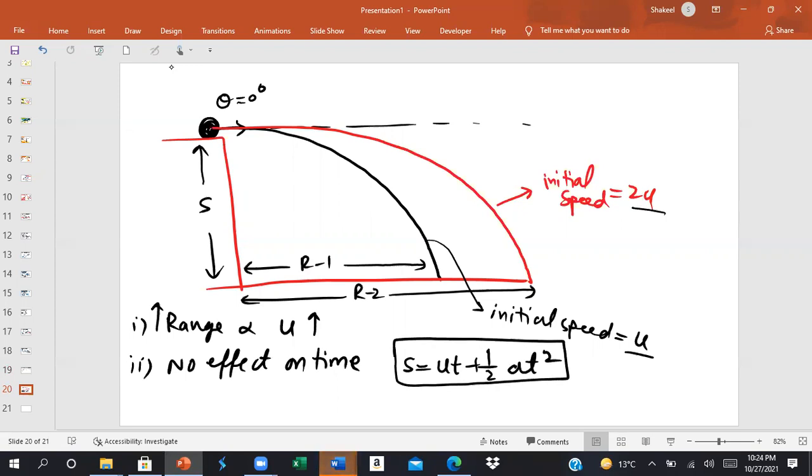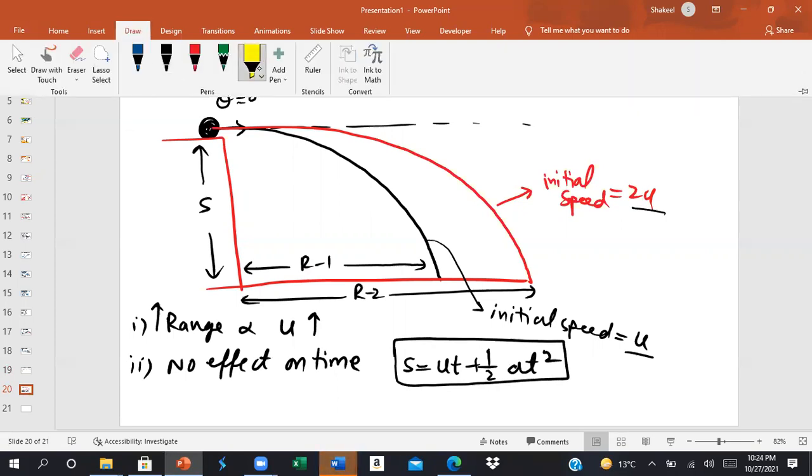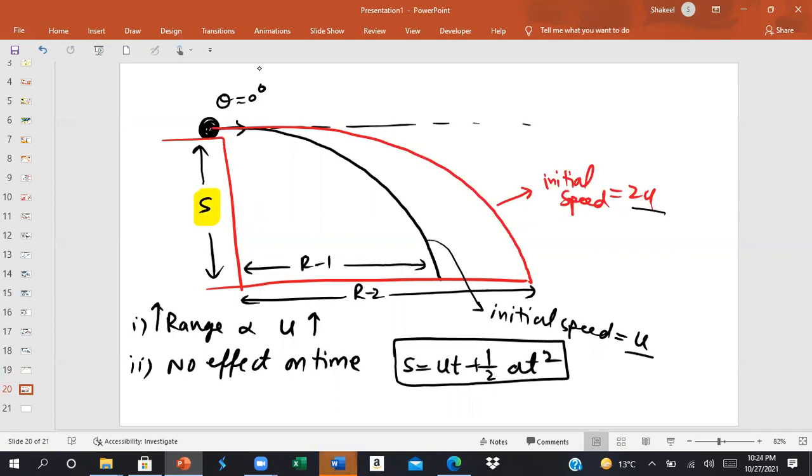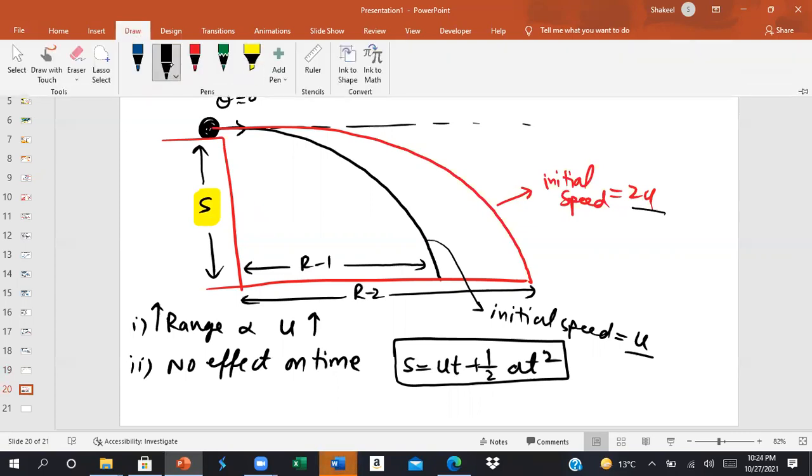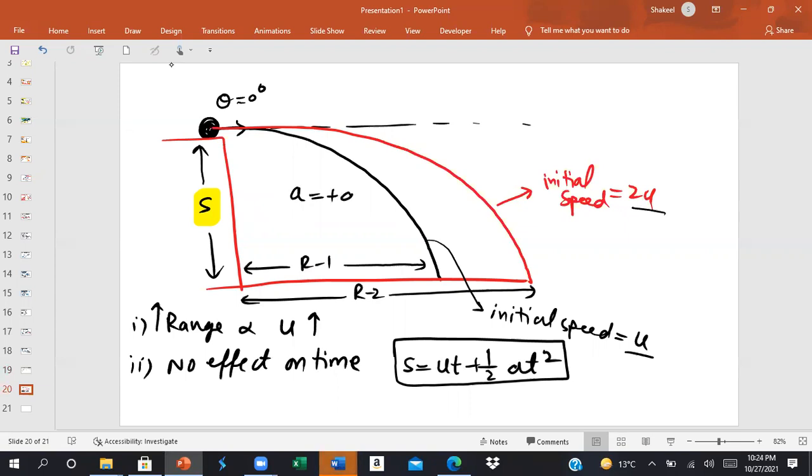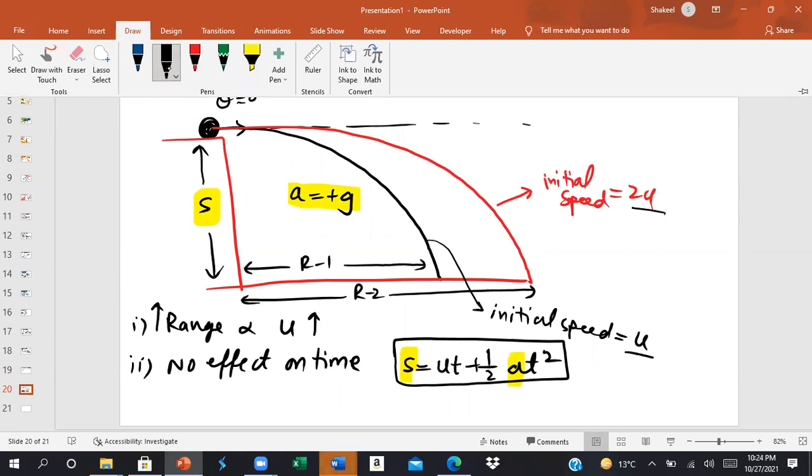This is a big question mark, because when you look at the data, you know s, right? And let's say you know the gravitational acceleration, which is plus g. So you already know this. You know acceleration, you know s. And as for time, we use the vertical component.